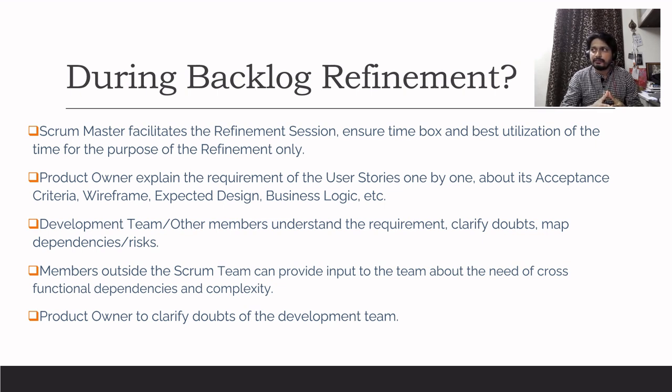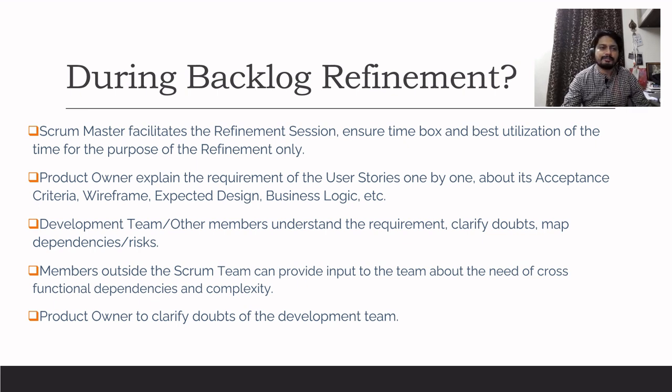The idea is to focus more on what needs to be built and why it needs to be built, and less on the how part, like how it needs to be built, right? The team can park that for some other meeting, right?